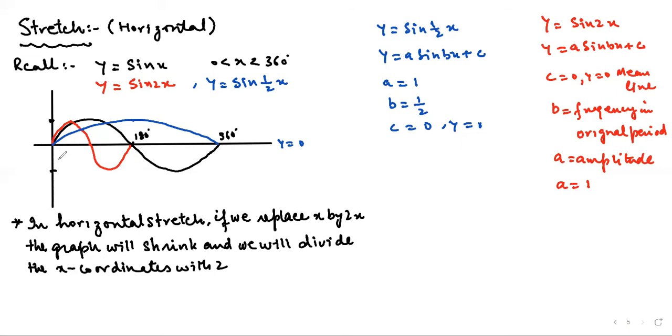Now in the original curve, the x-intercepts are 0, 180 and 360. But in the case of sine 2x, the x-intercepts are 0 by 2, 180 by 2 and 360 by 2.